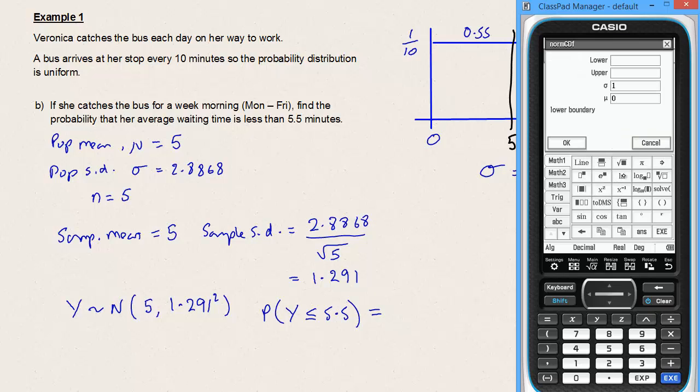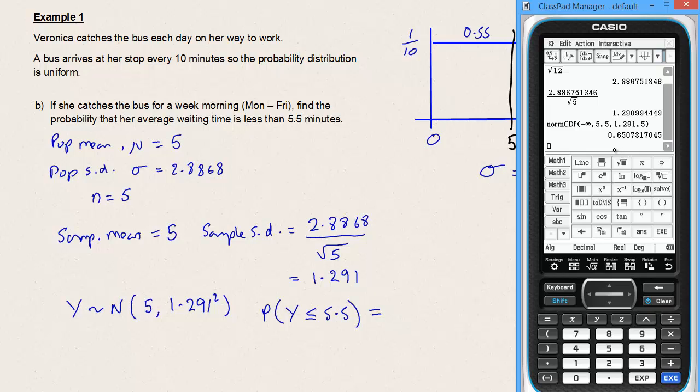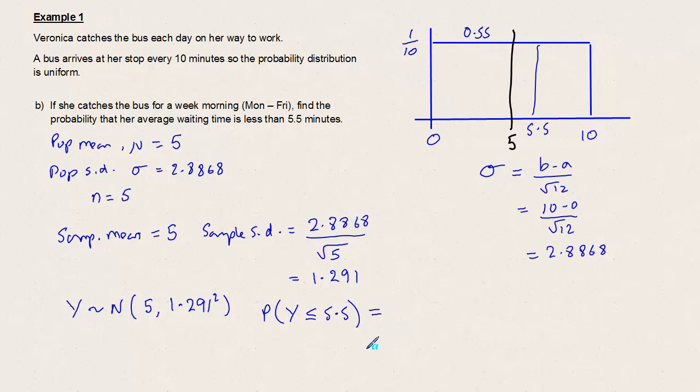So normal CDF, and it's a normal distribution, so we need to go all the way down to the bottom, negative infinity, up to 5.5, and sigma was 1.291, and the mean was 5, and that gives us 0.6507.